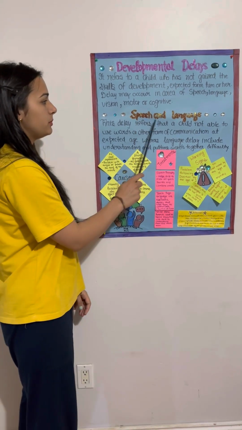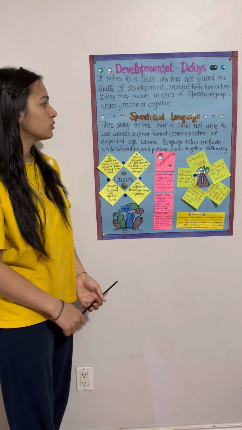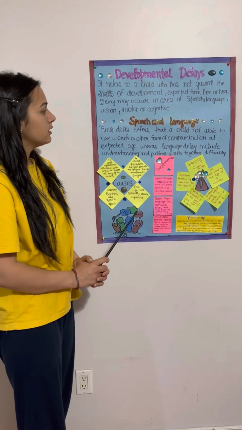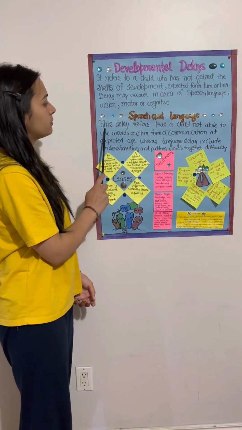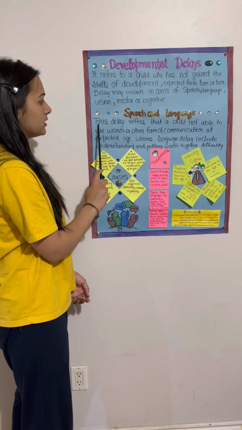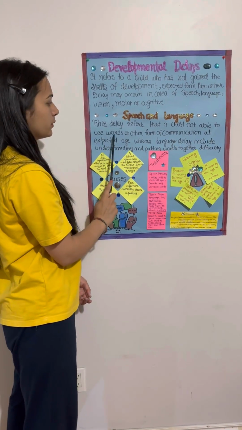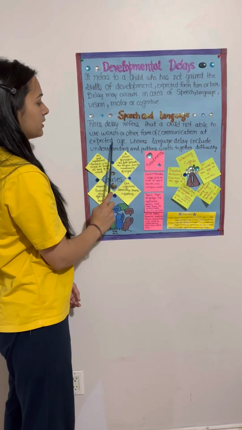So I have chosen speech and language because I have observed that there are many children who face this problem while giving speech and learning the language. So first, speech delay refers to a child who is not able to use words or other forms of communication at the expected age.